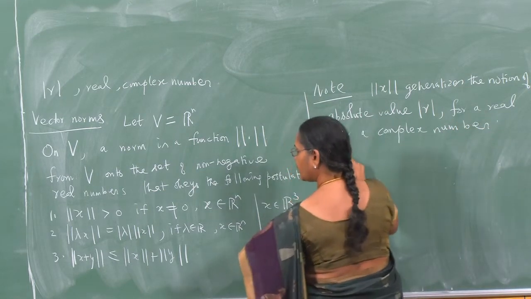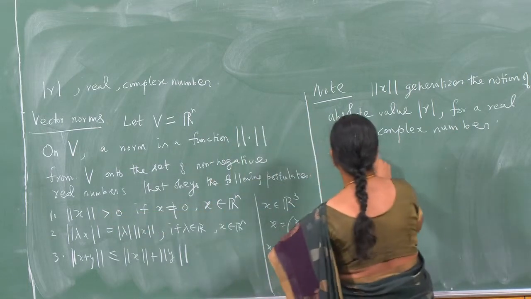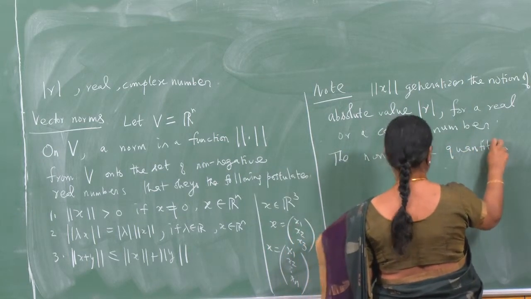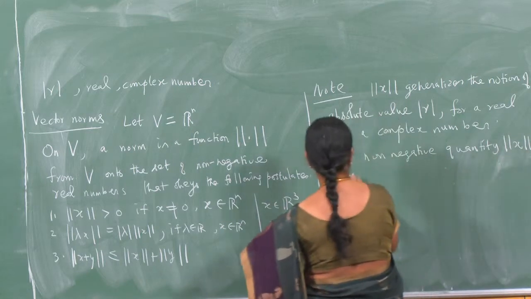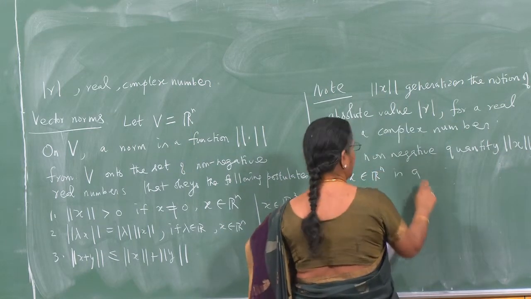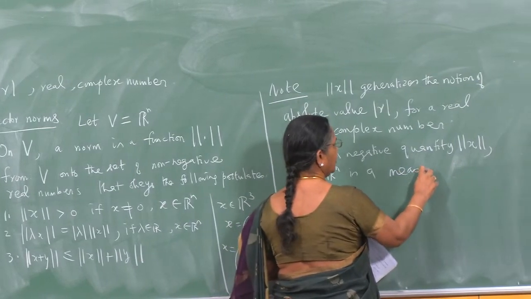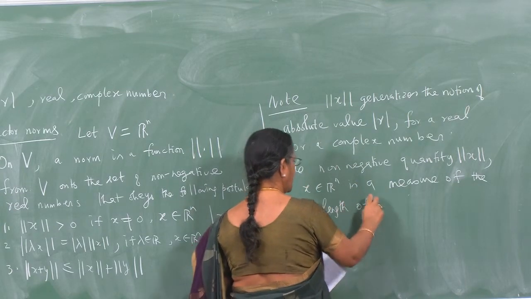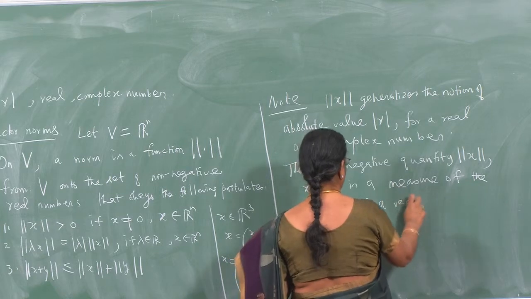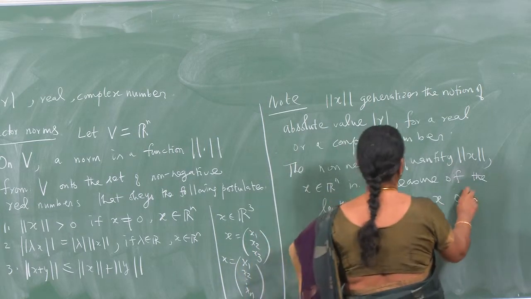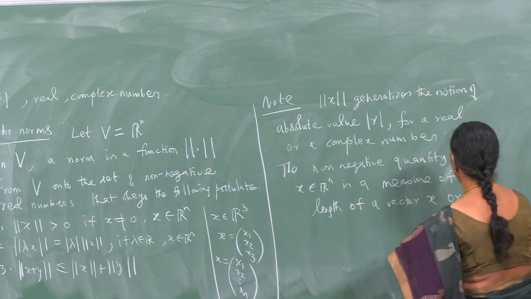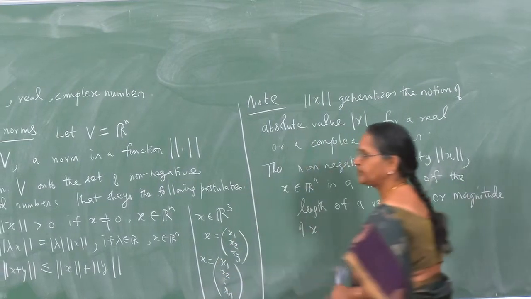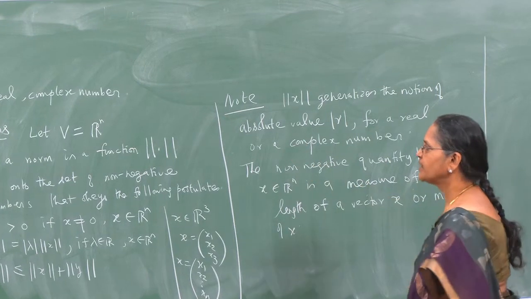So, this non-negative quantity norm x, where x belongs to Rn, is a measure of the length of this vector x, or it is the magnitude of this vector x. The most commonly used norms are as follows.